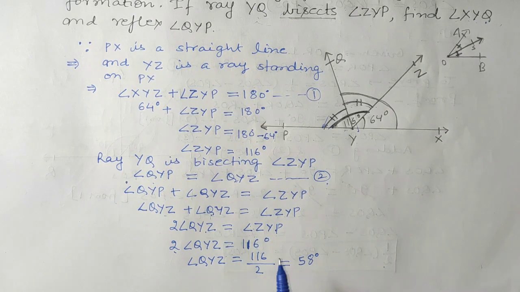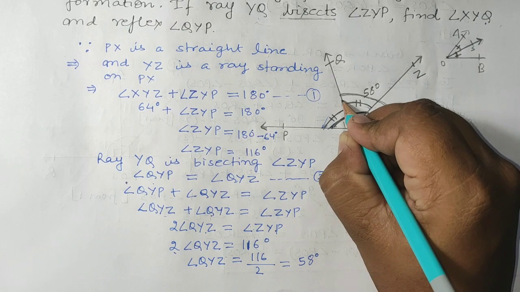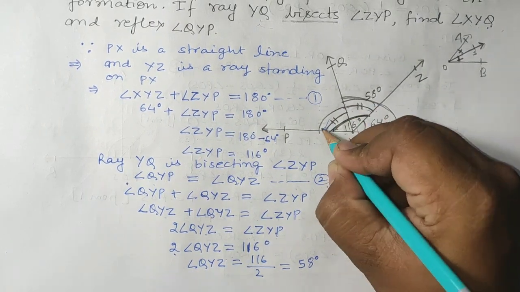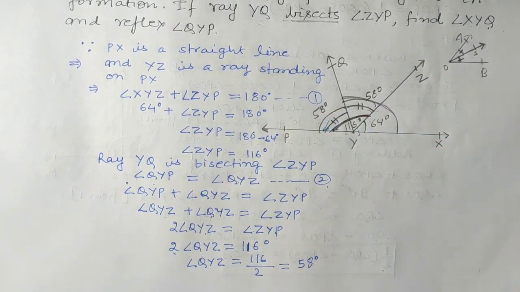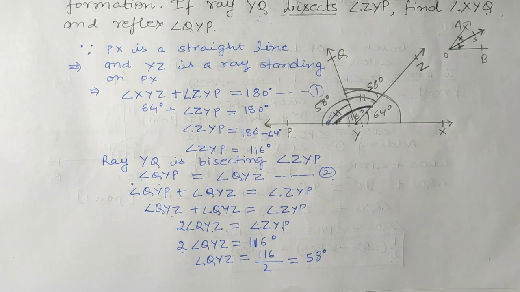So this is the value of angle QYZ. This angle is also 58 degrees, and this angle is also 58 degrees. Both the angles will be the same because YQ is bisecting the whole angle ZYP.